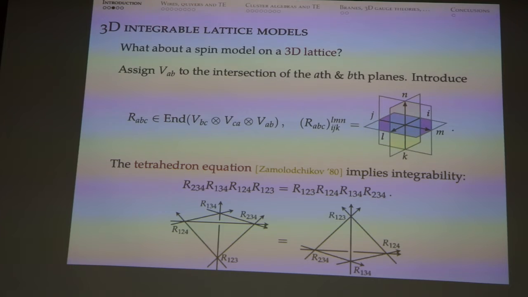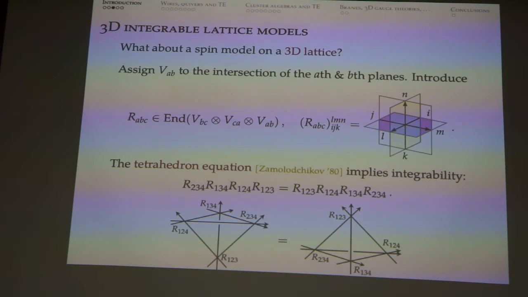Yes, that's right. So each side is an endomorphism of a tensor product of 6 vector spaces. These vector spaces are assigned to pairs of planes, so 4 choose 2, and you have 6 vector spaces.